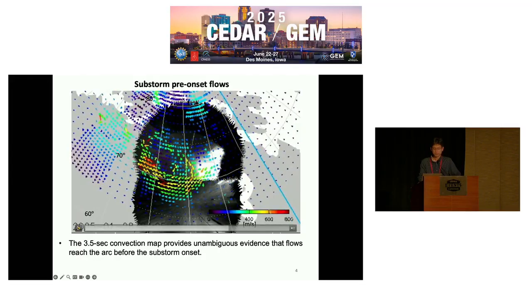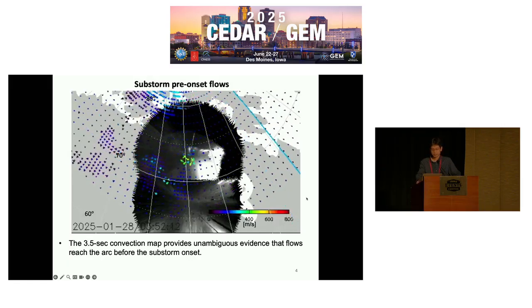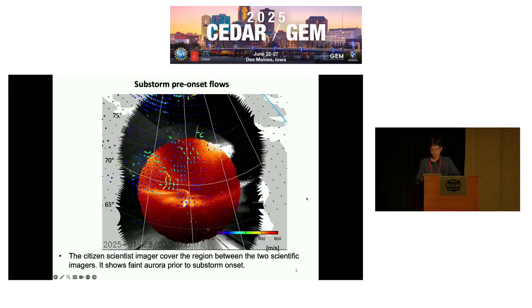The flows intensified, and then substorm onset right here. So now the causality is very clear. The plasma flow is transporting the plasma in the magnetotail, changing pressure structures, and that is followed by substorm onset. So this clearly provides the time sequence of events that we were speculating.